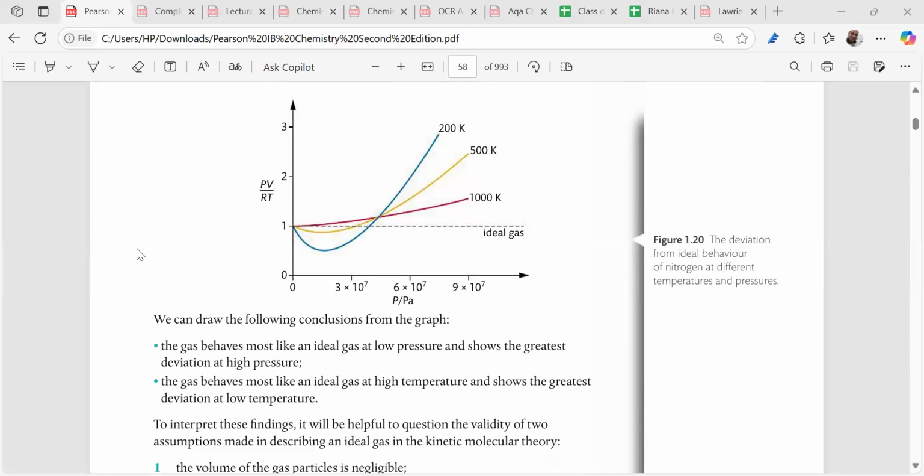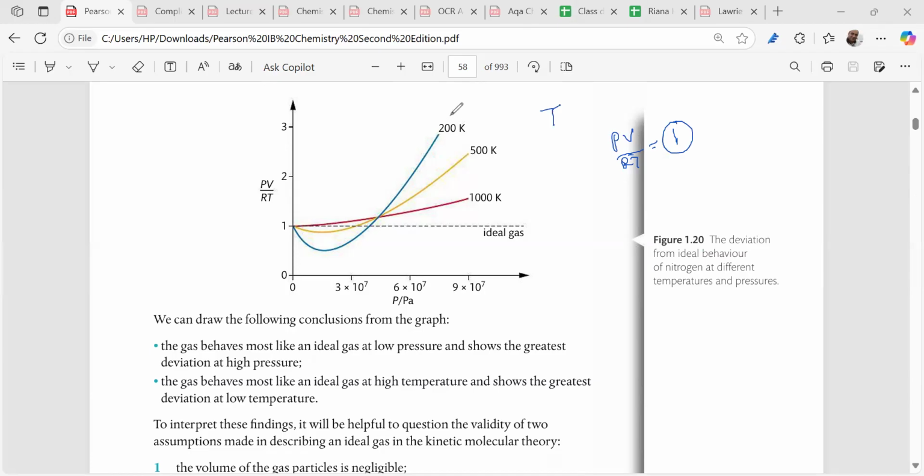The first way to find out is to plot a graph for different gases. We plot PV by RT against pressure, taking 1 mole of the real gas, and we increase the temperature and follow the curve.